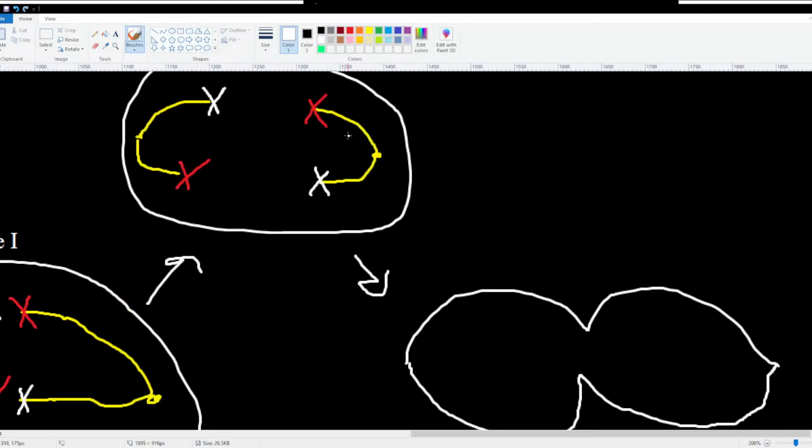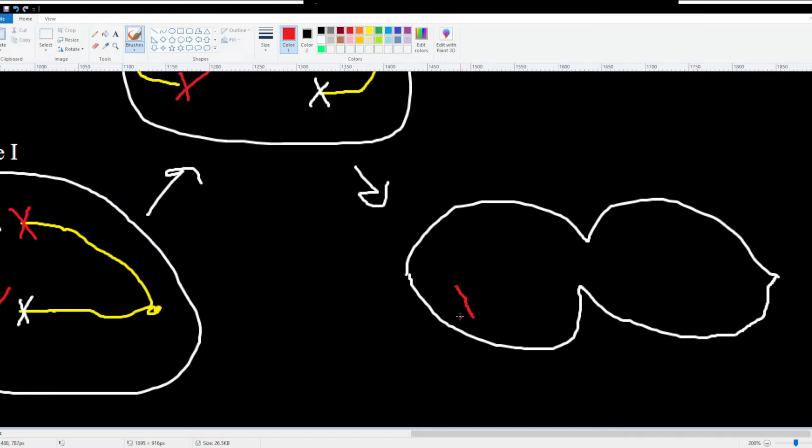Now during telophase 1, unlike ordinary telophase, the genetic information, the DNA, does not decondense. Here we have a big X, then a little x, and then a little x, and then a big X. Look at the sizes of these.